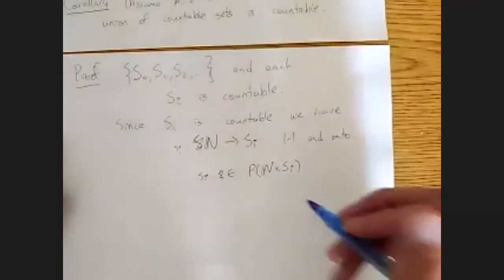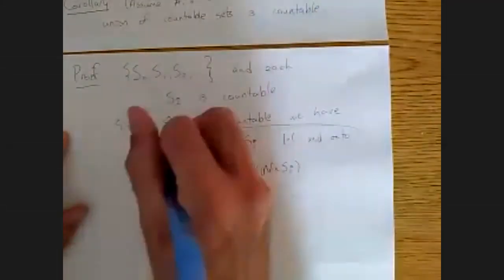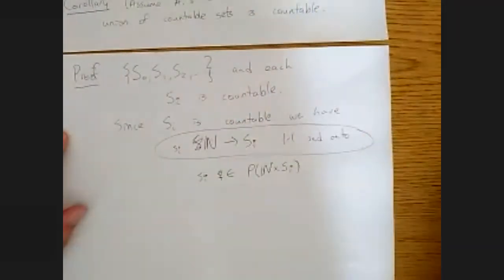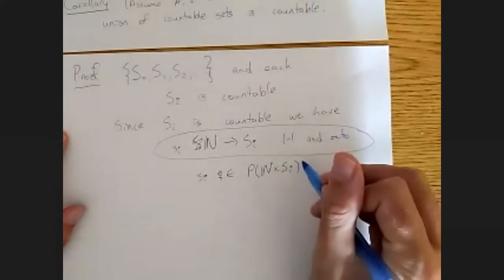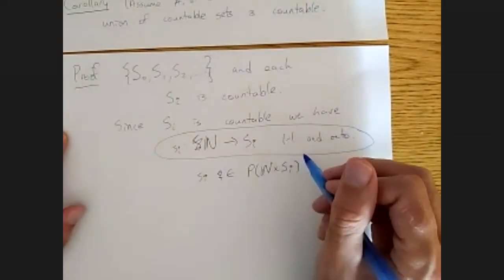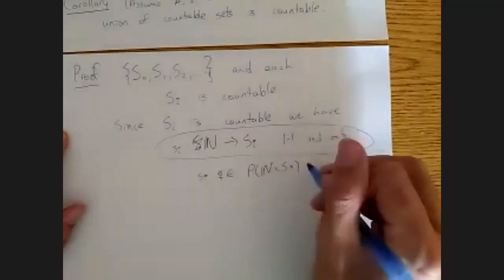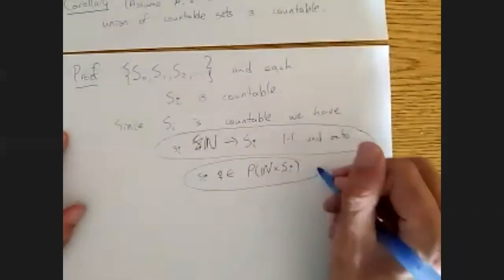So the problem is we have to express our choosing of this function as a choice function. So we have each little s_i is in this set.